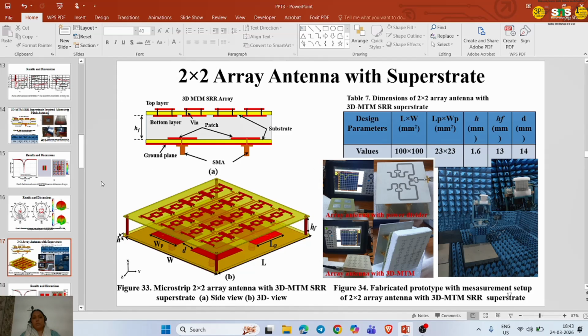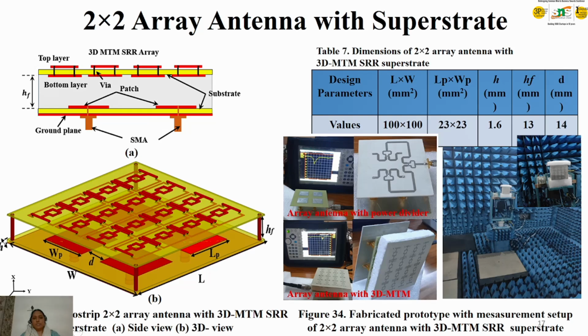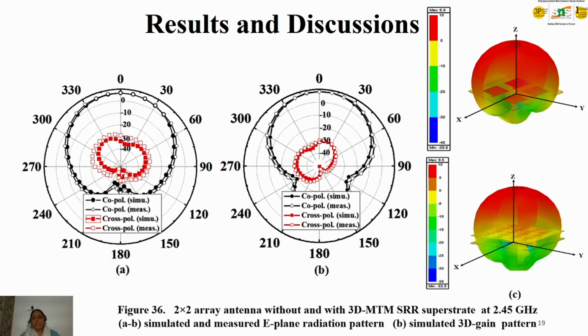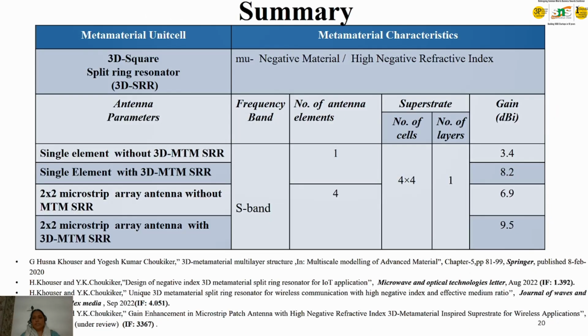So far we have seen this; I also extended the structure to an array, and for this array we got the same kind of output, where the gain again increased, from 6.9 to 9.5 dB. So this is what we have done.